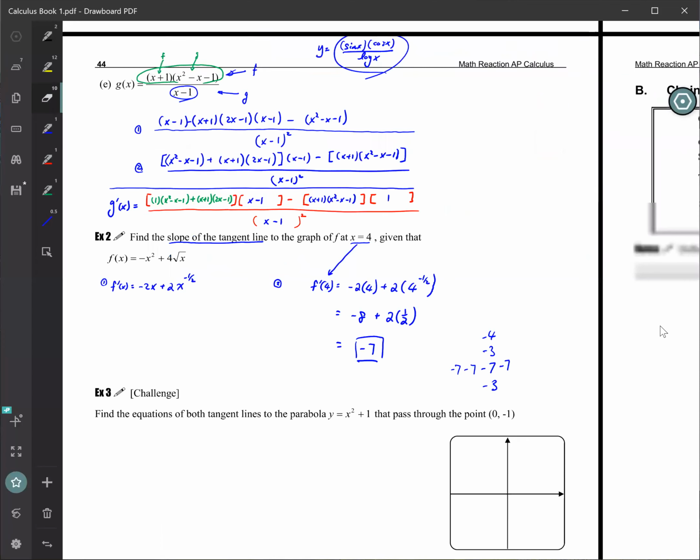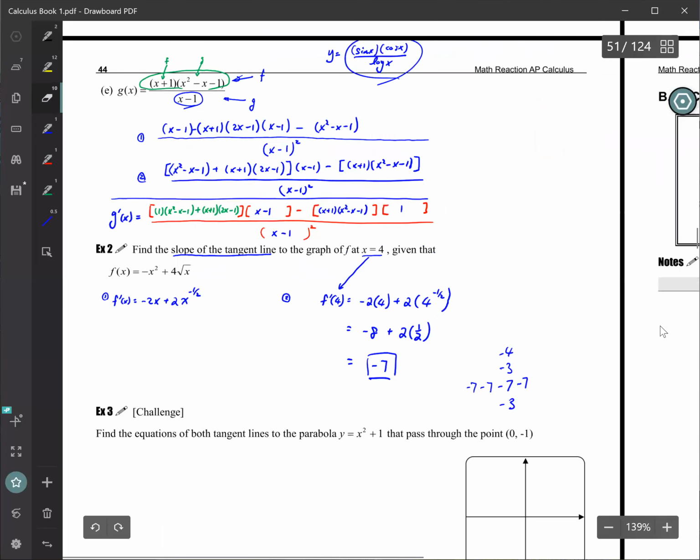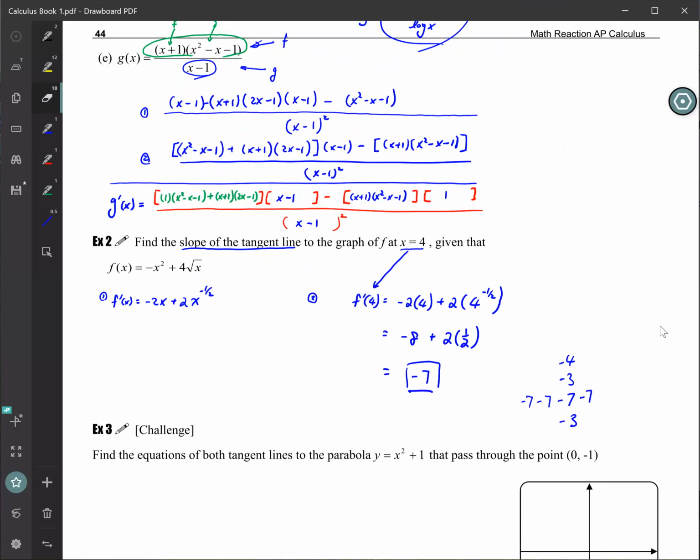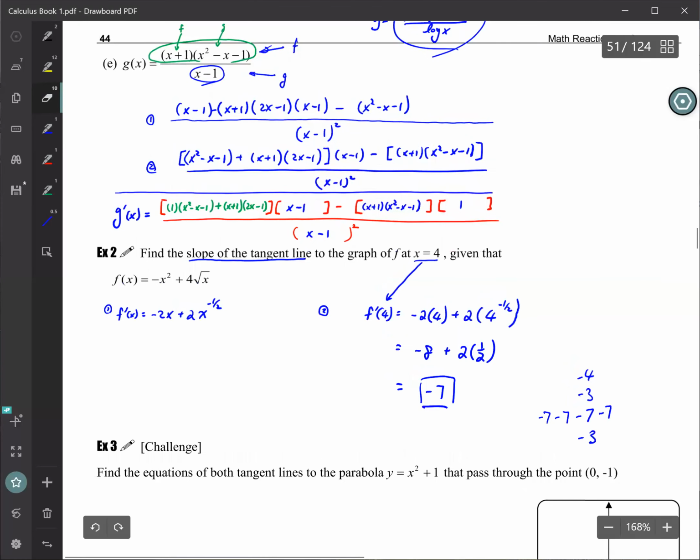All right, so the next one, I put a challenge there, right? Jesse, have you tried it? I was kind of confused, because of the place where you gave us to draw the parabola. I drew the parabola x squared plus 1, and then I plotted the point 0, -1, and then I tried to draw a line connecting that touched the parabola. But then I didn't really know how to find it, so I took the derivative of x squared plus 1, and I got 2x.